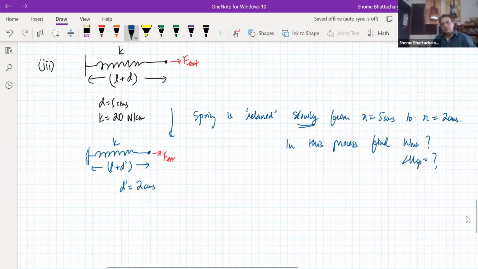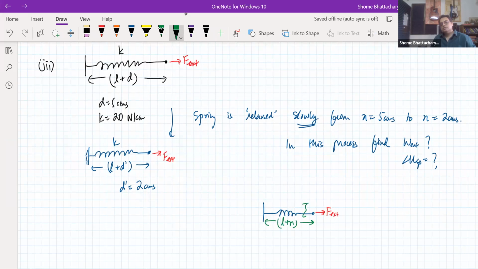So this time, at some intermediate time when this is L plus x, the work done by the external agent is therefore kx dx, but from x equal to d to x equal to d prime.